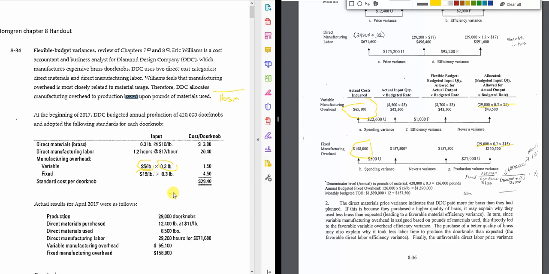I might have to take estimated manufacturing overhead divided by estimated base. Okay, and so I know that my base is pounds of materials used. I know that I have 420,000 doorknobs. Each of them take 0.3 pounds. So 420,000 times 0.3 is 126,000.